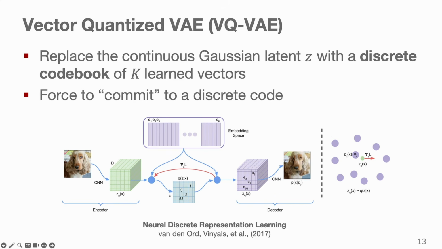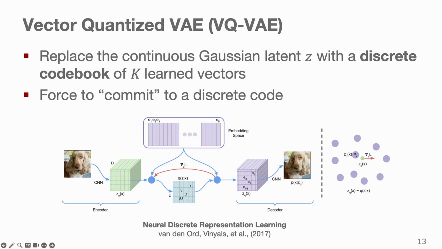One way to alleviate this issue is by replacing the continuous Gaussian latent Z with a discrete codebook of k learned vectors in what are commonly known as vector quantized VAEs. So the intuition behind this is simple. Imagine you have a dictionary or a codebook of k learned vectors. Now when the encoder looks at an image and produces a continuous vector, we don't pass that continuous vector to the decoder.